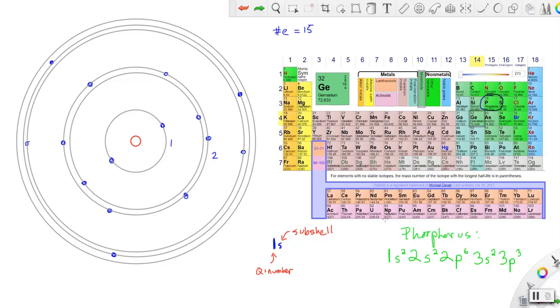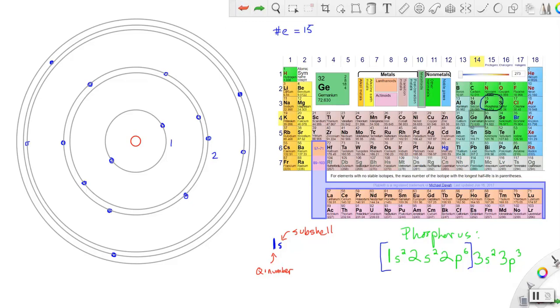Now for shorthand, this could actually be rewritten because this whole section right here is the same as a neon atom. How do I know that? Well, this is 1s1, 1s2, right?